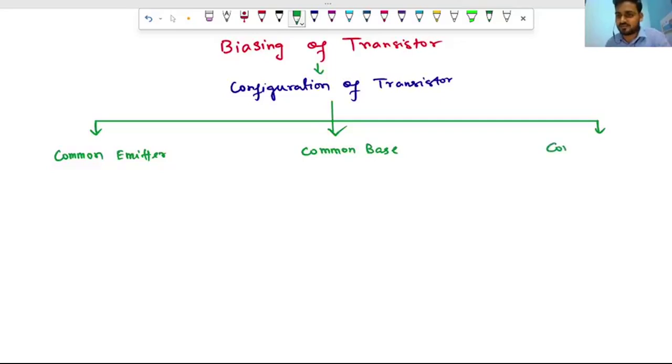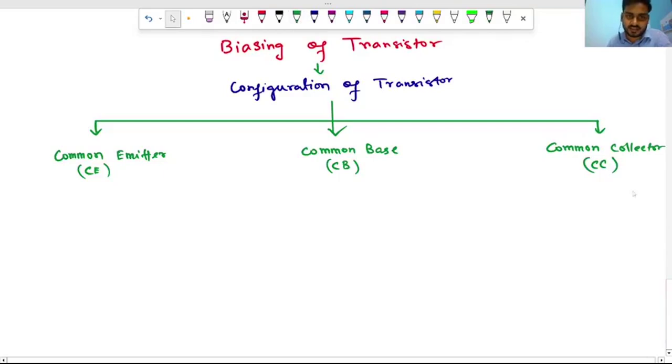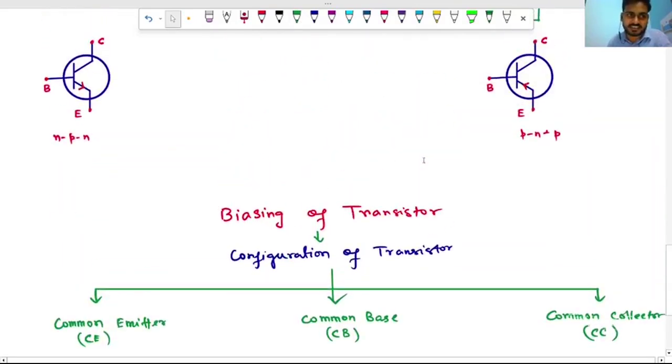This is common collector. And we write CE for common emitter, CB for common base, and CC for common collector. How do we draw the circuit?